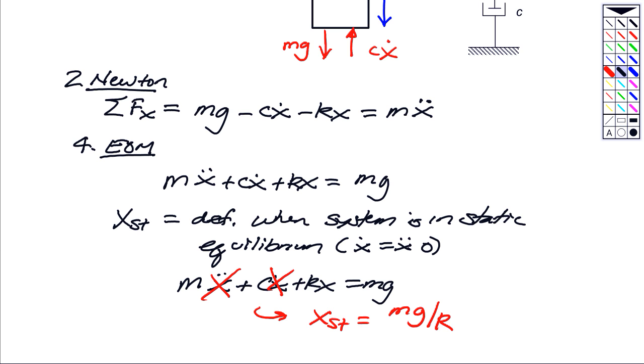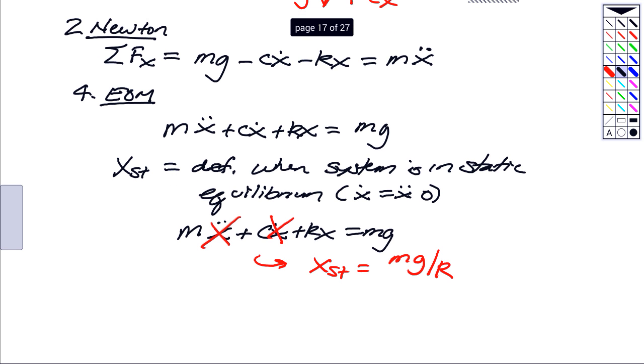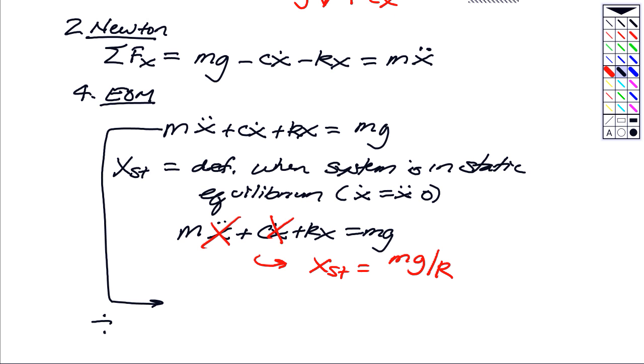The other things that we know is that if we take our equation of motion and divide through by m, we get x double dot plus c over m x dot plus k over m x is equal to g.